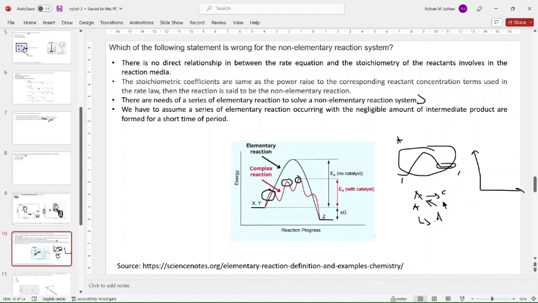But this is not true in case of non-elementary reaction systems. As we just discussed, since A to B is not happening directly and it is happening through a series of other reactions, it won't have a straightforward rate equation.